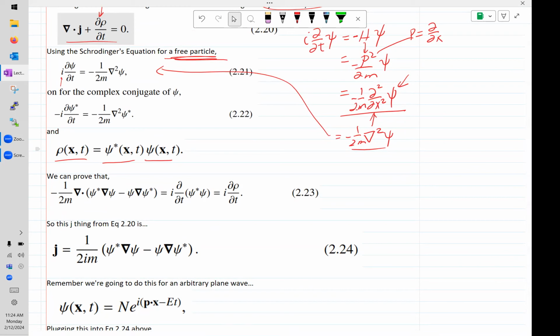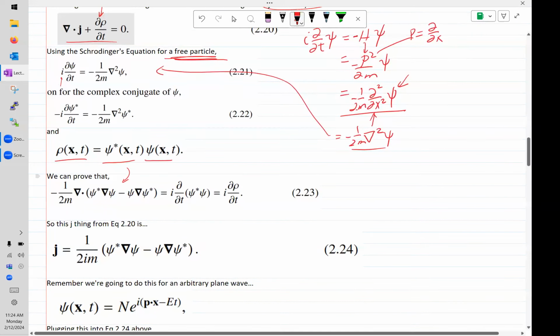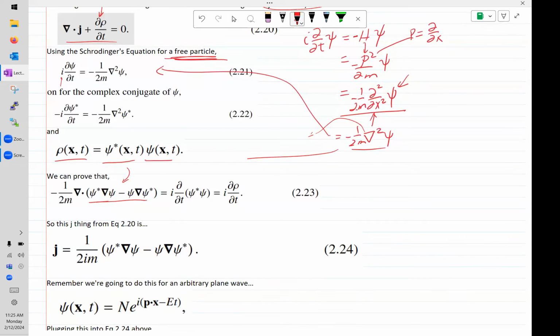there's a few algebra steps. That's just a lot of calculus stuff where you can actually factor out one of the gradient operators, and find that psi star grad of the regular psi, without the star, subtracted from this, is going to be equal to exactly what's up here.